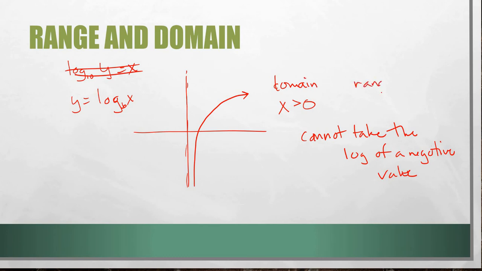The range goes from negative infinity, and this continues to go up even though slowly, so this would be all real numbers. My pen skipped, I got an extra L in there. There we go, all real numbers. Okay, so domain and range of log functions.